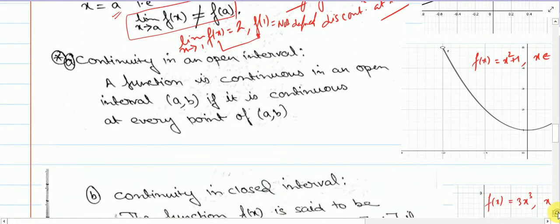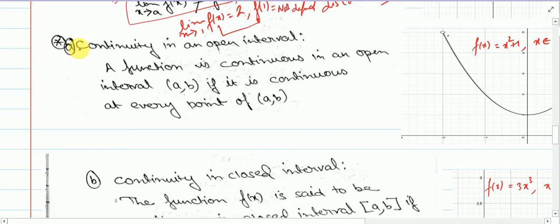Now next, continuity in open interval. Open interval, if I write (a, b), it means that all the numbers in between a and b are included except a and b.